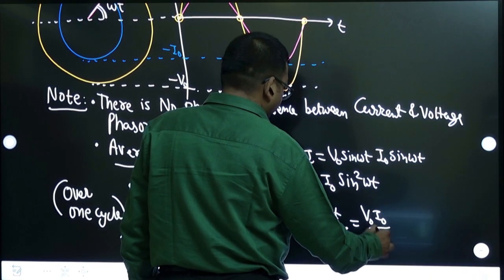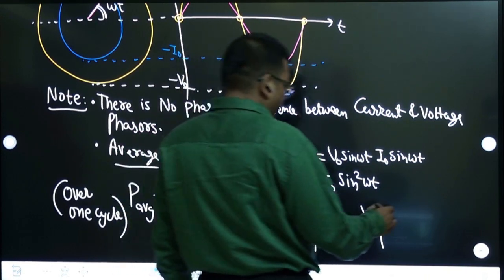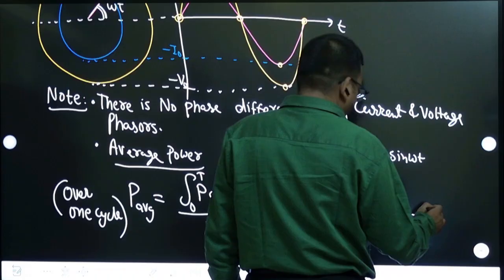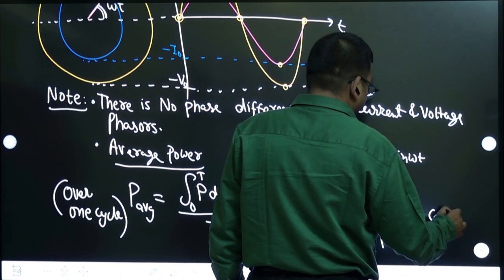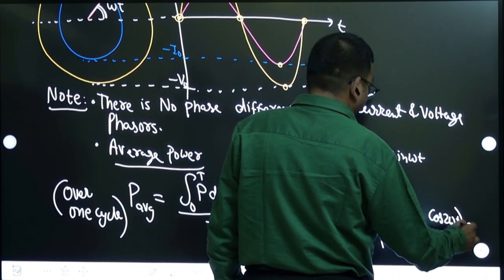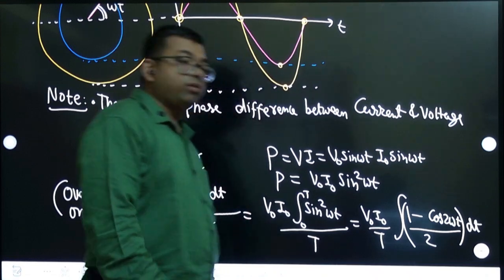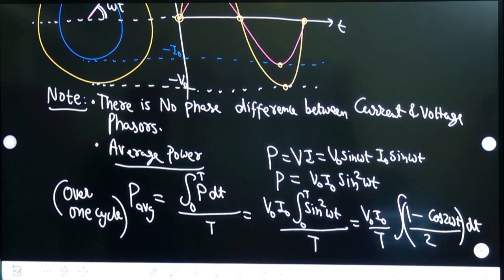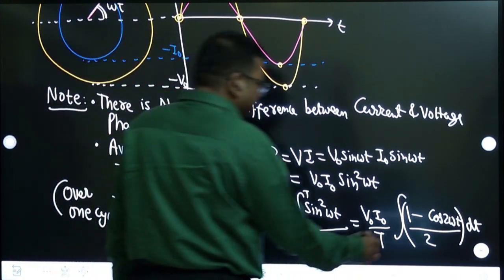We have practiced it. Sine square integration is 1 minus cos 2 theta, divided by 2. Remember, 1 minus cos 2 theta is 2 sine square theta, so sine square theta is (1 minus cos 2 theta) by 2. That is what we have done. The integration limit is the same, 0 to T.